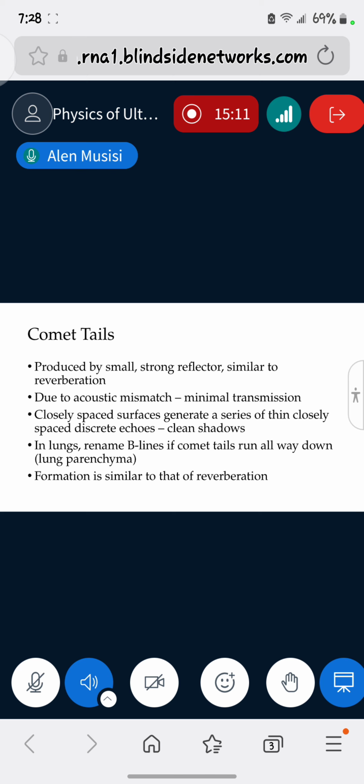The reverberation that we saw last time in propagation artifacts is a result of multiple reflections between large, highly reflecting interfaces.